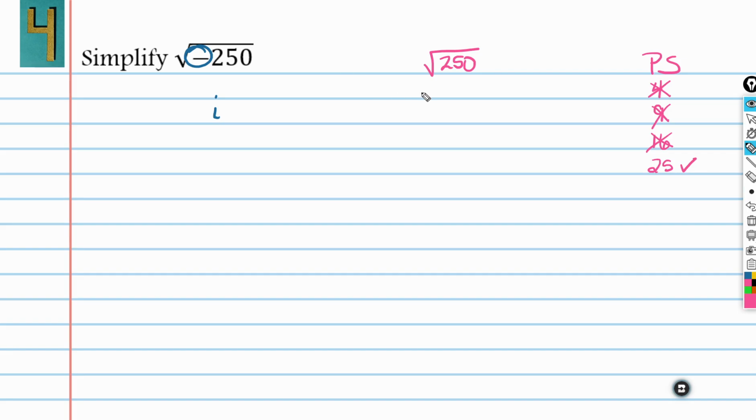Yes. And so we have the square root of 25 times 10. The square root of 25 is 5, times the square root of 10. And that's what's written in front of my imaginary. That's our imaginary solution.